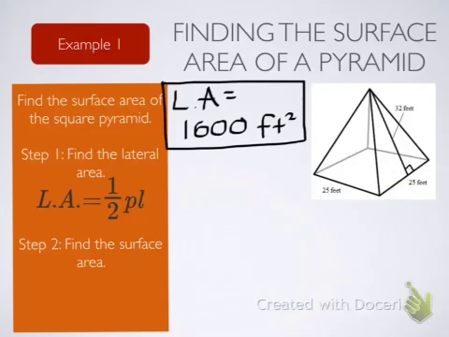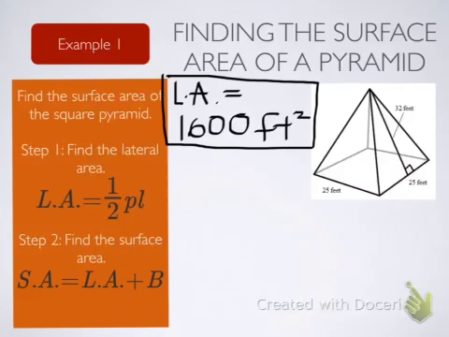And in order to find the surface area, the only thing left to calculate is the area of the base. So we just need to now, instead of doing perimeter, find the area of this square. In order to find the area of the square, we would just need to do base times height, because the square is also a rectangle.